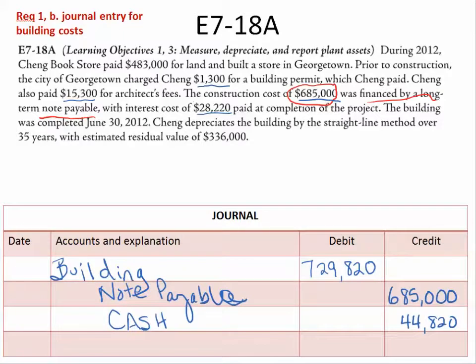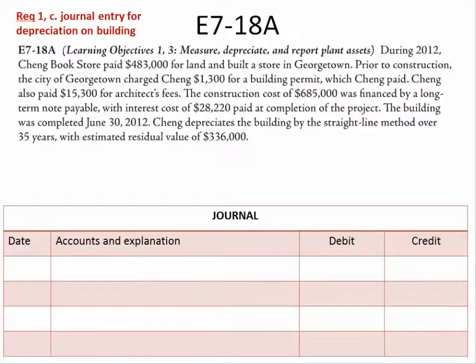Then we move on to the third journal entry, the journal entry for depreciation on the building. Let's do some calculations here. My whole building cost that we calculated in the last entry was $729,820.